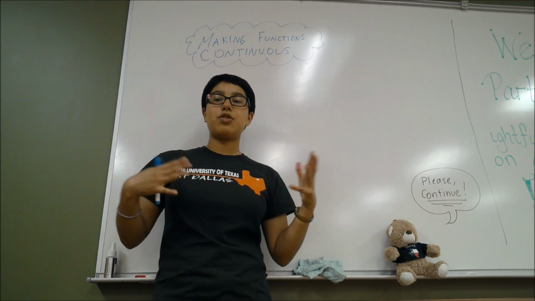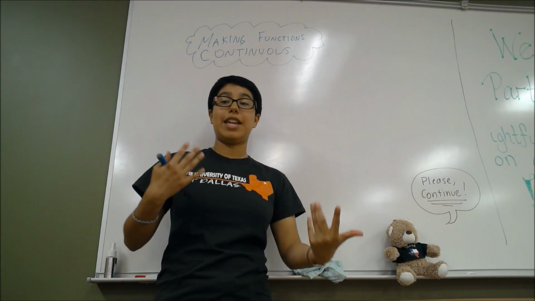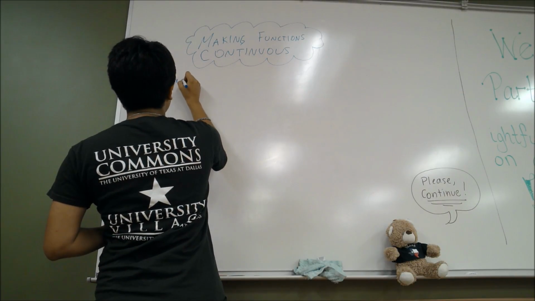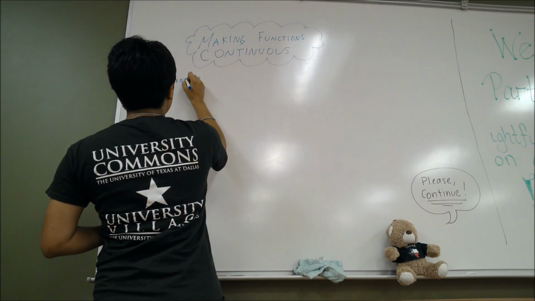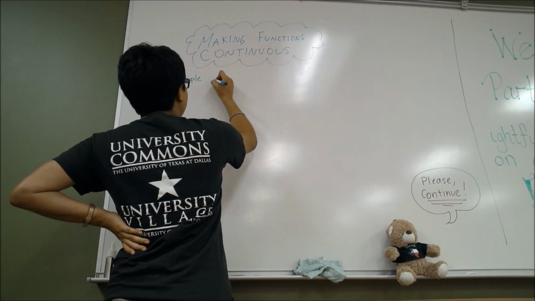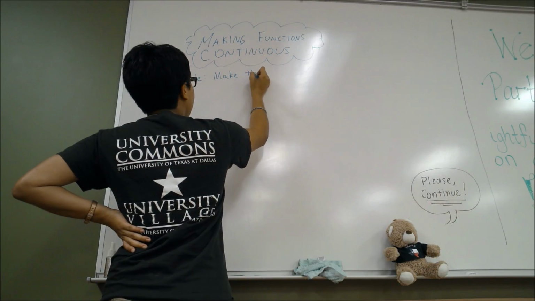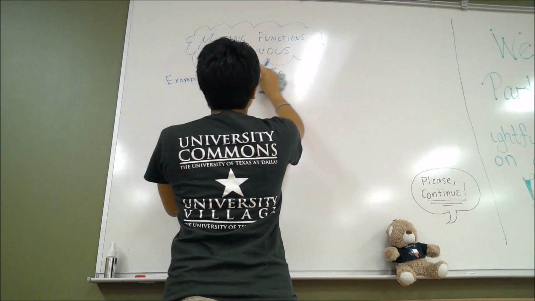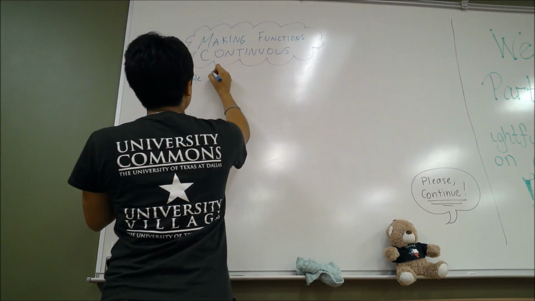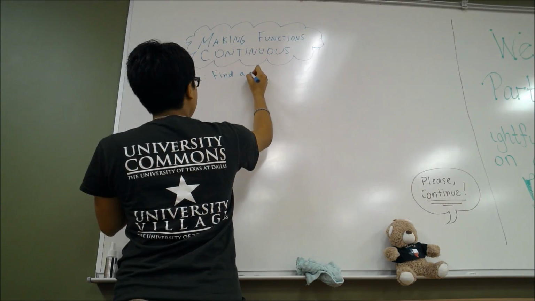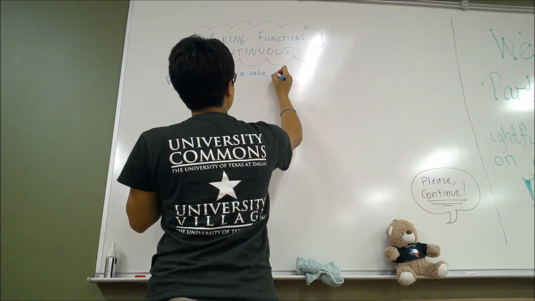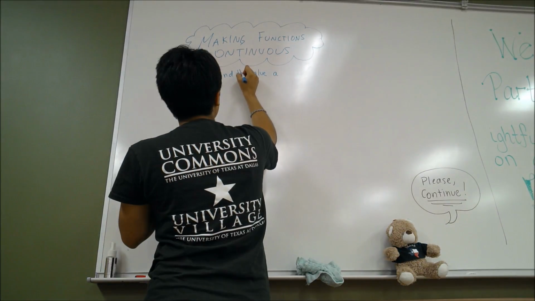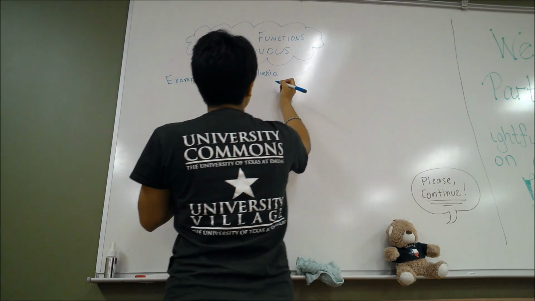Okay, so our main problem today is trying to have a composite function and make it continuous. So let's start off with an example. Find the value a.